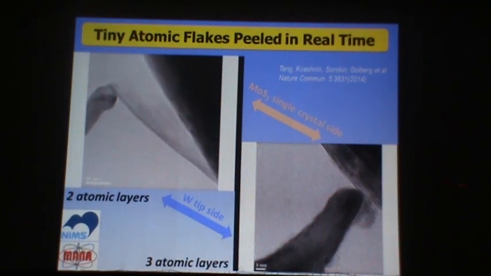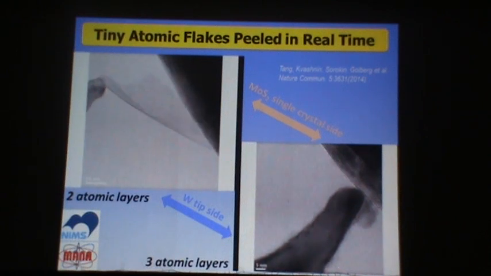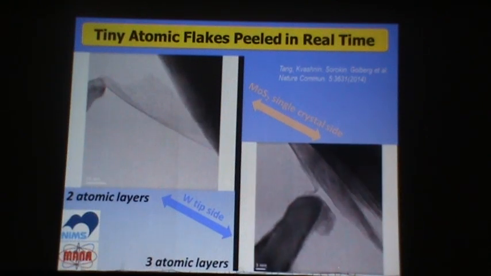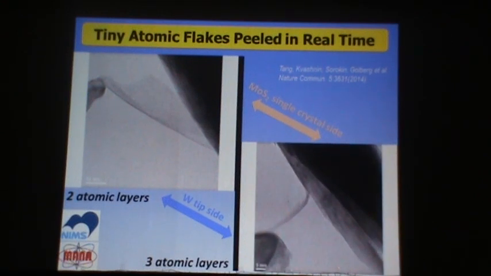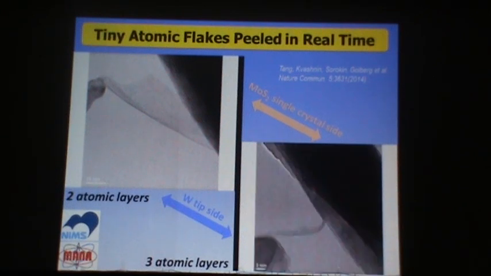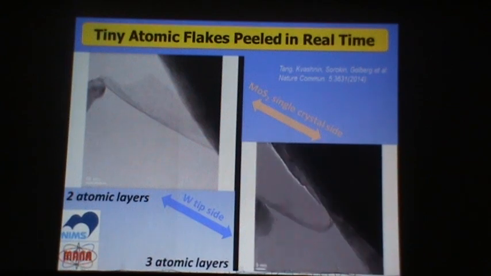In this case, this movie shows that we can peel off just 2 atomic layers, and the next movie shows peeling of 3 atomic layers. And Dmitry and Pavel calculated the energetics of this process, and also if the structures are rather big, we can measure the force.